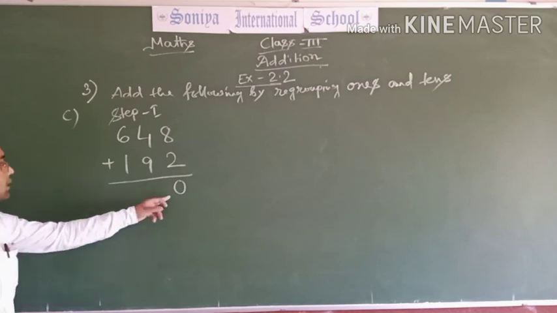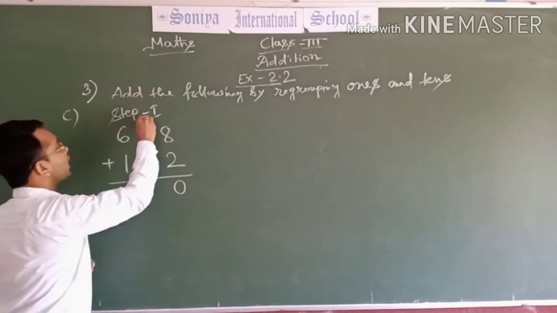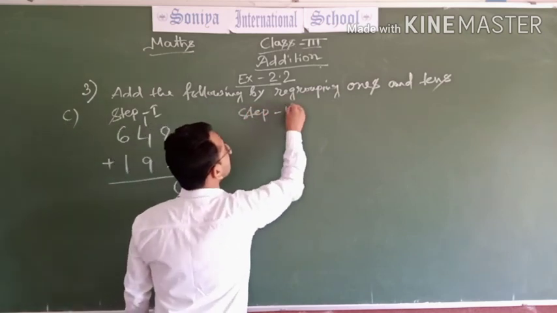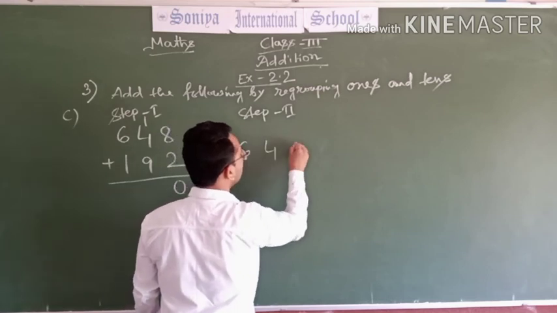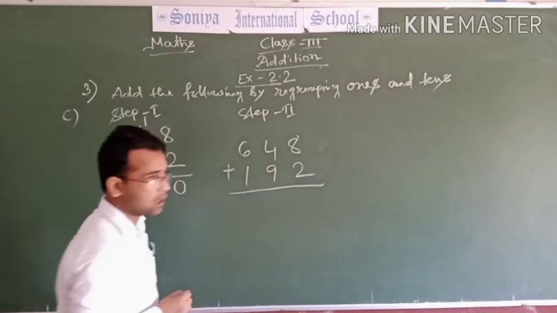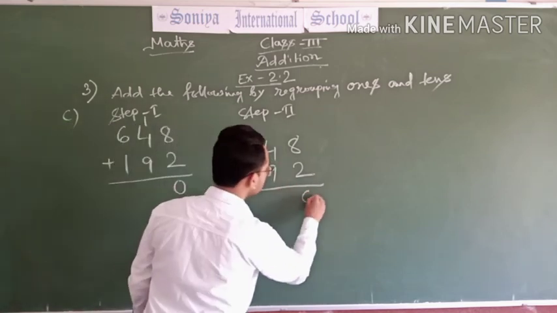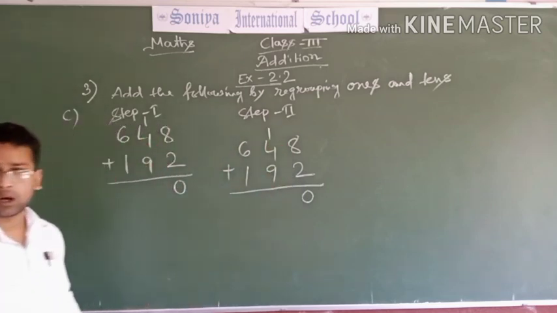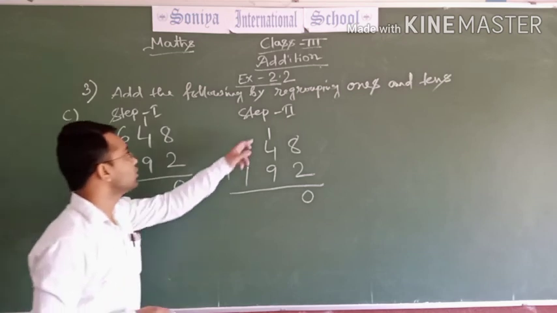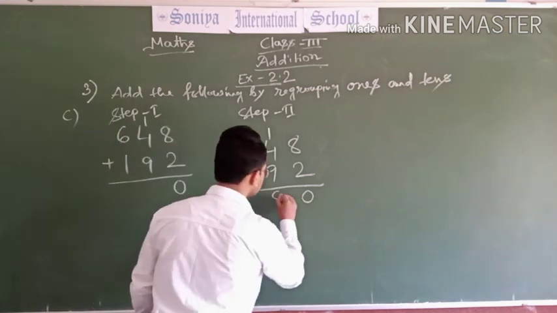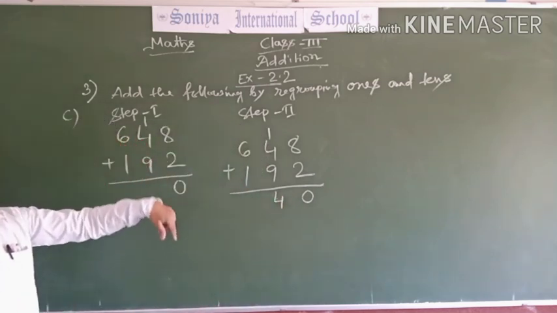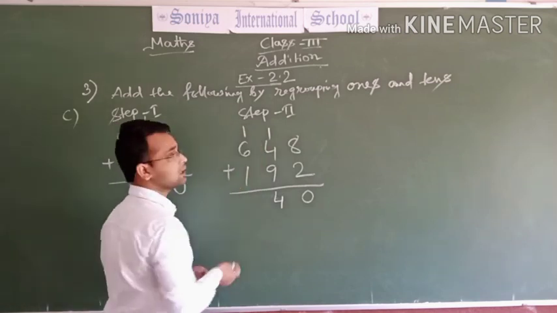Write here 0 and carry forward 1, then the tens places. In step 2, 648 and 192. We got from step 1 here 0 and there 1. In step 2, add all the tens place numbers. So 4 and 5, 5 and 9, 14. 14, write 4 and carry forward the 1, then the hundreds place.